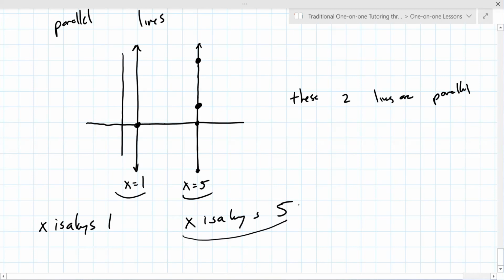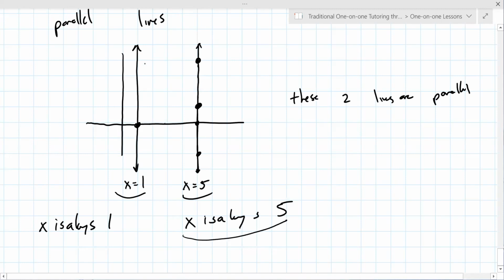Well, it's always 5. Are we going to be doing number 2? Yes, but this is to help get you to be able to do it. So X is always 5. Yes, it doesn't matter where I pick a point on this graph, X is always 5.